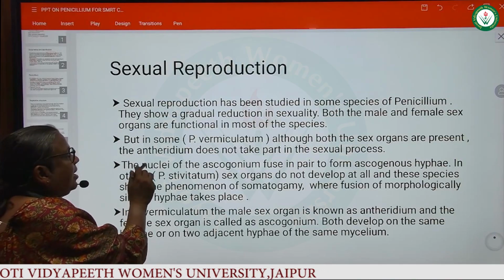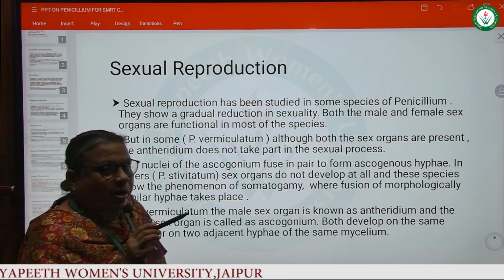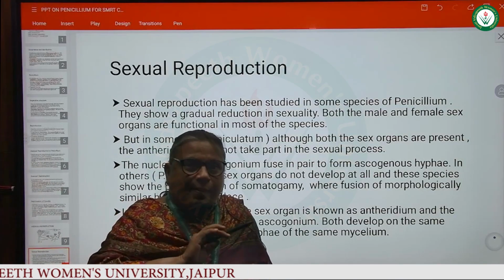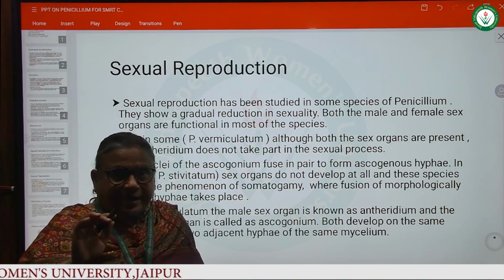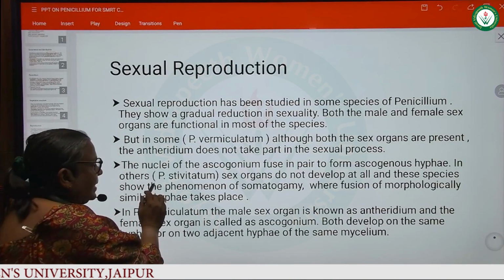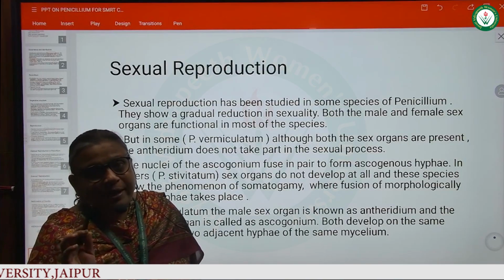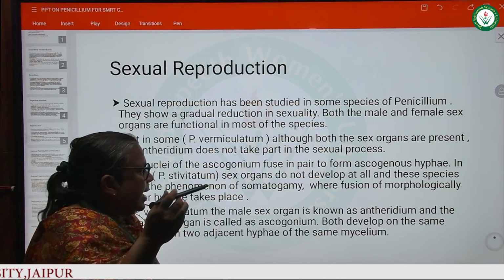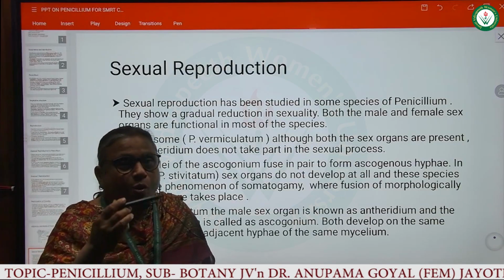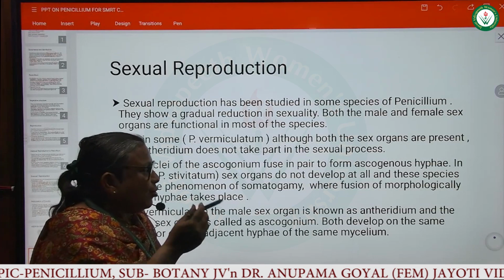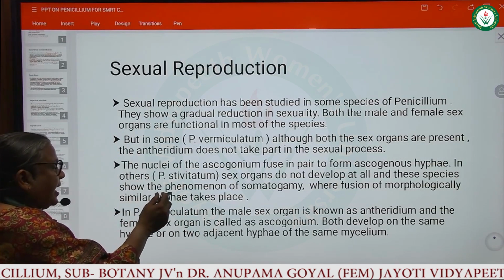In others, like Penicillium striatum, sex organs do not develop at all, and this species shows the phenomenon of somatogamy, where fusion of morphologically similar hyphae takes place.